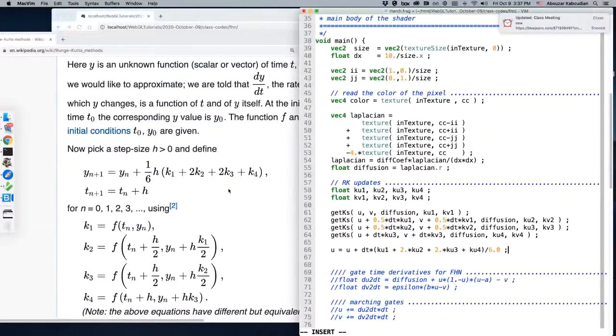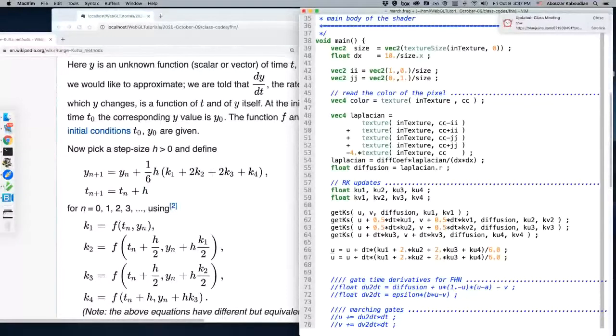So h is the delta t that we had, so it would be dt divided by 6. And then similarly, we can update v based on that. So all the u's change to v.